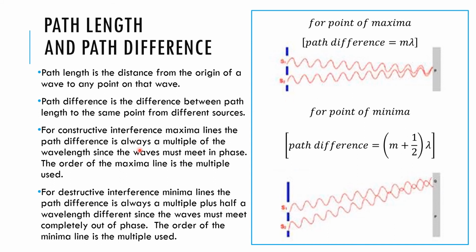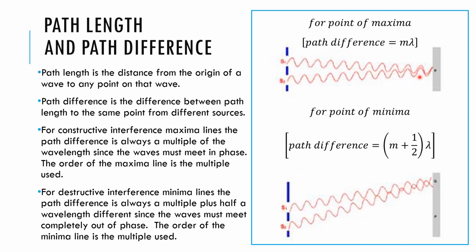So for constructive interference maxima lines, the path difference is always a multiple of the wavelength, since the waves must meet in phase. For all the lines of maxima on an interference diagram, the difference between the path lengths must be a multiple of the wavelength because they are meeting in phase. This is what this top diagram is trying to show you.